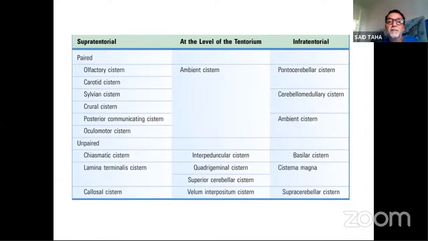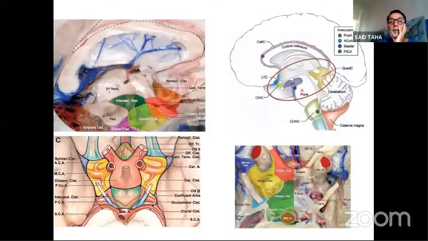The systems are divided into supratentorial, infratentorial, paired and unpaired, and the system at the level of the tentorium. This is our tentorial incisor spaces, and in this region we have the lamina terminalis, chiasmatic system, interpeduncular system, the upper parts of the pontine system, and back the quadrigeminal system.